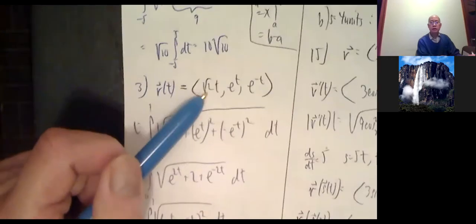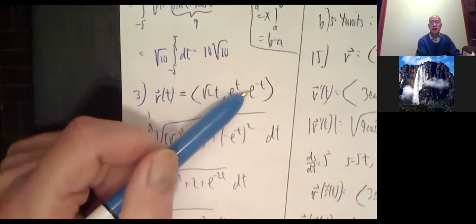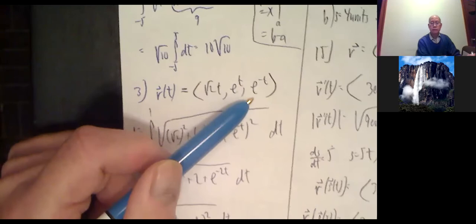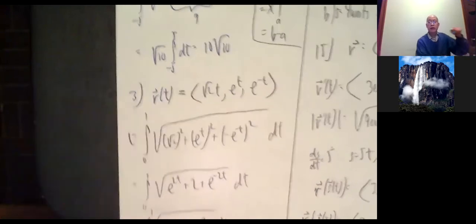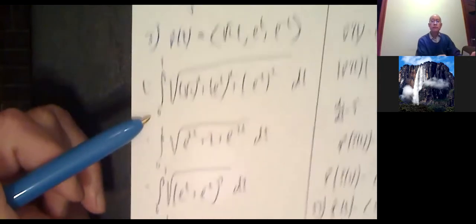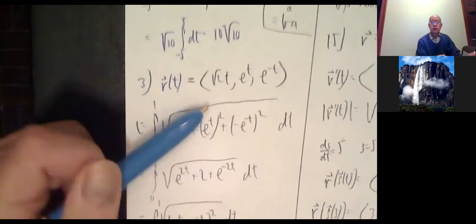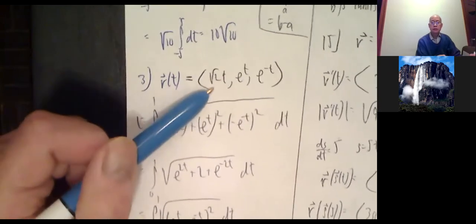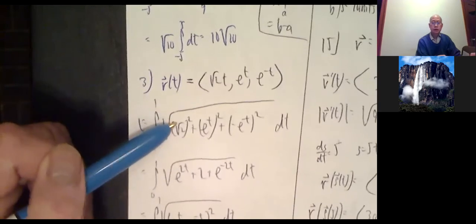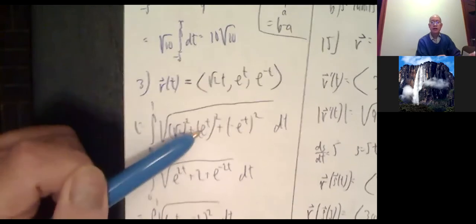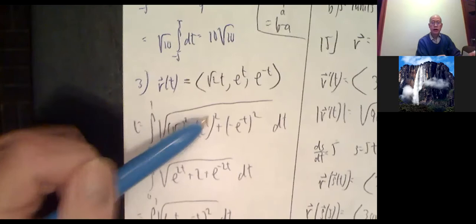Okay, number 3, r of t is radical 2 t, e to the t, e to the negative t from 0 to 1. This is a 3-dimensional object of some sort. So take the derivative of this: square root of 2, you're going to square it. Derivative of e to the t is e to the t, square that.